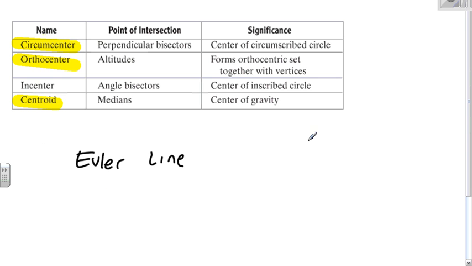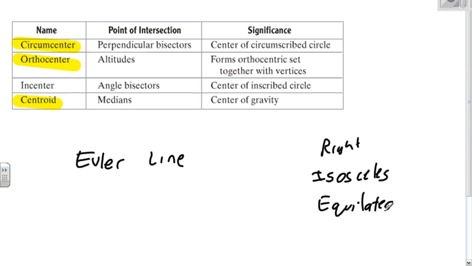Also, for special cases, look for right triangles, isosceles triangles, perhaps even a right isosceles triangle, and also equilateral. Since these are special triangles, there might be some special properties that you could look at by constructing the four centers.